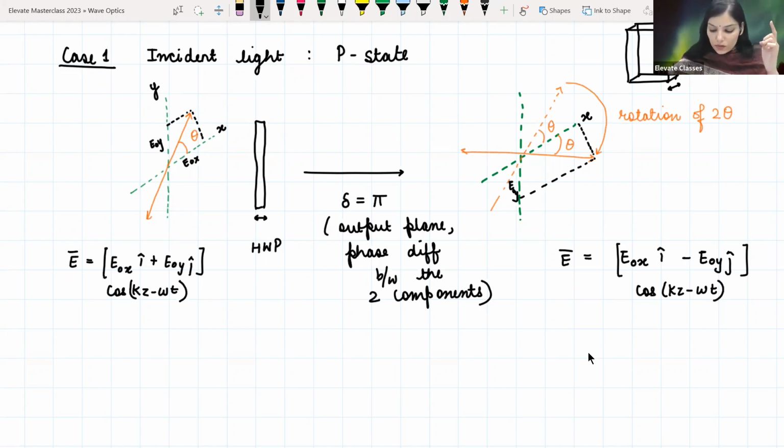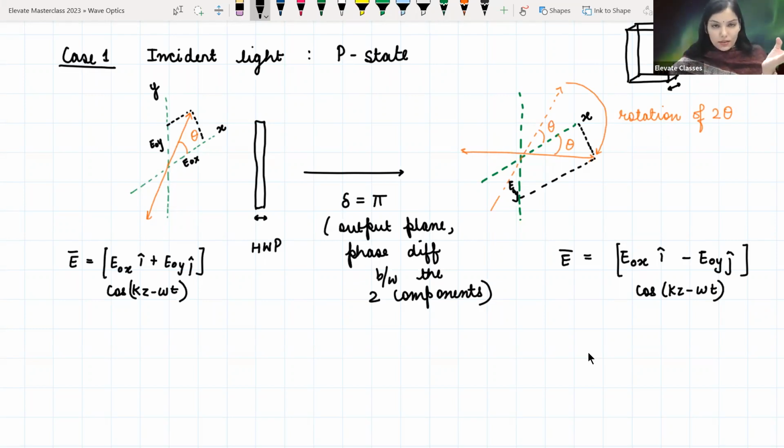Now the value of how you are flipping it matters, because let us say the question gives some input electric field, which I have written here on the left hand side, and they tell you that some half wave plate is inserted. So on the output what would you get? Now this theta can be 30 degrees, 60, or anything.